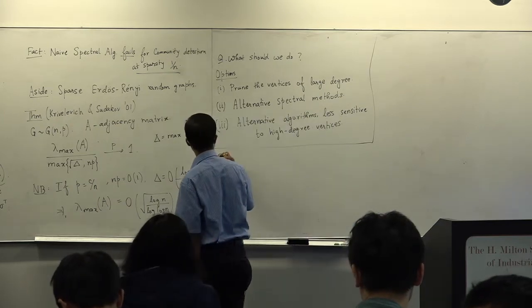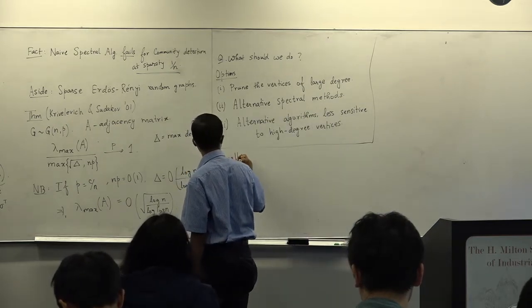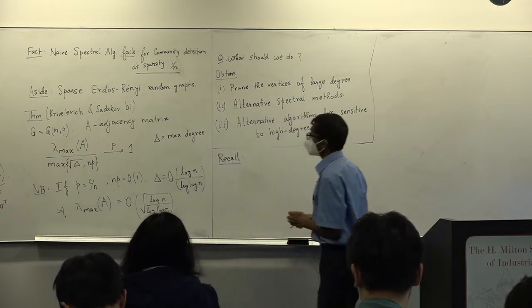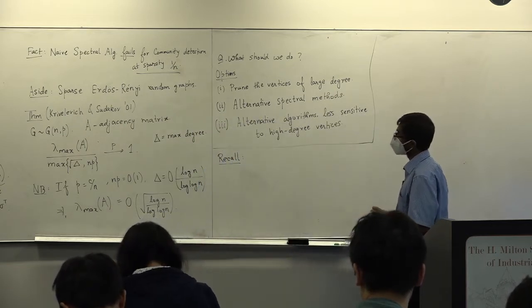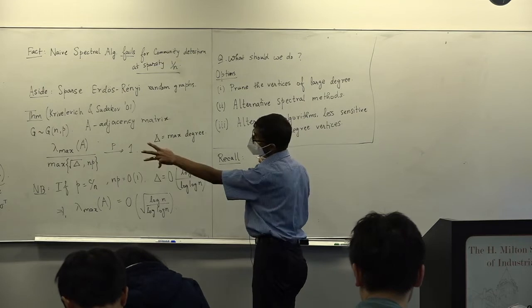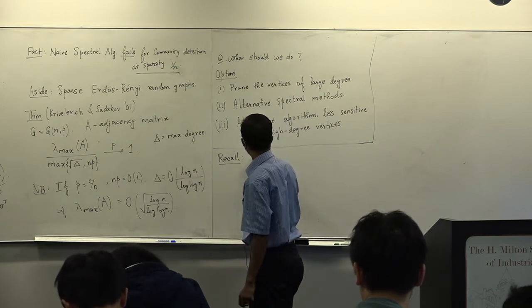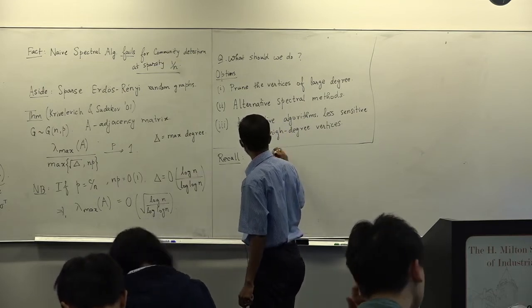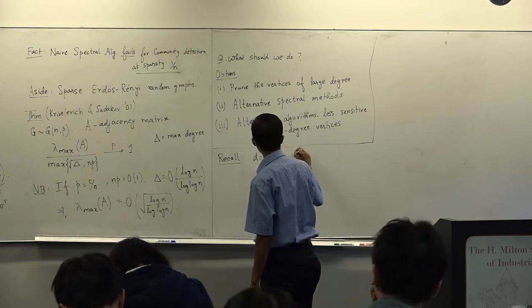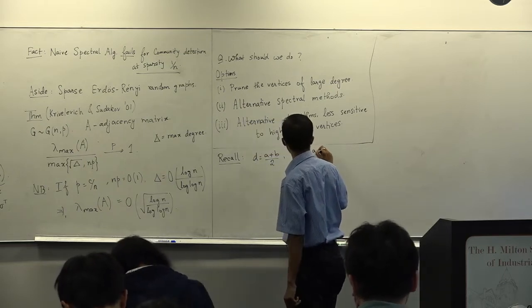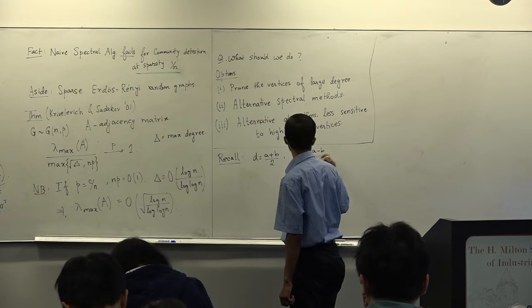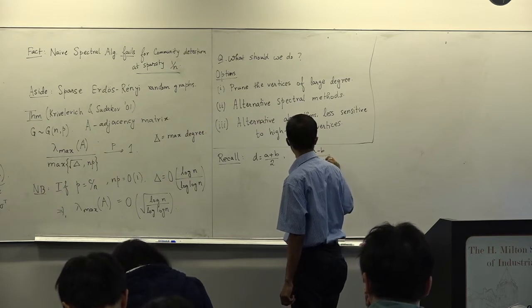Let's recall that in this community detection problem, I set D to be (A plus B) over 2, and I set a parameter lambda to be (A minus B) over square root of 2(A plus B).